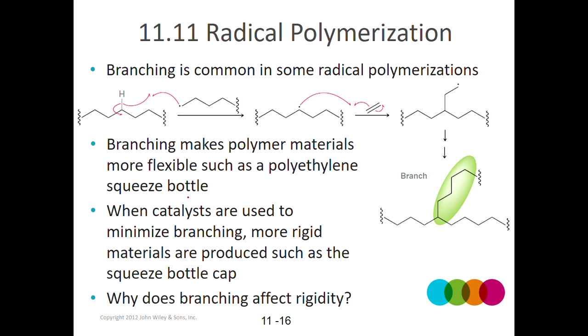So sometimes polymer branching can also occur. If I've got this chain already formed, there are hydrogens at every one of these carbons. If another chain that's already started growing bumps into a hydrogen somewhere along the chain of another chain, that hydrogen can be abstracted.